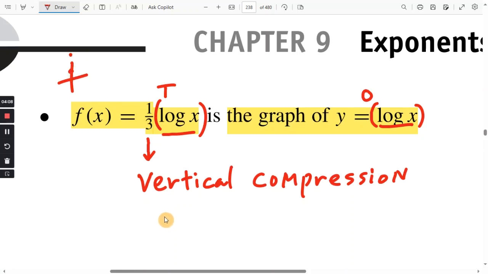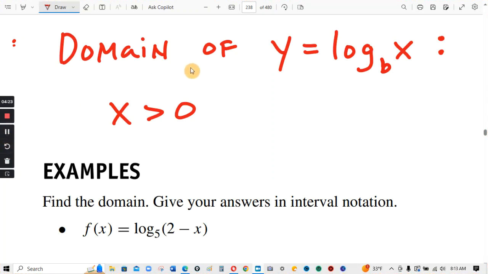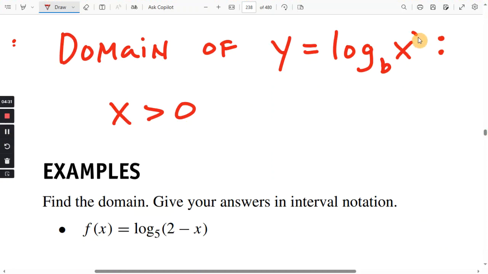So a vertical compression just means that the graph gets flatter. All right, so the domain of y equals log base b of x: x has to be greater than 0. So the term that you are taking the log of has to be greater than 0.